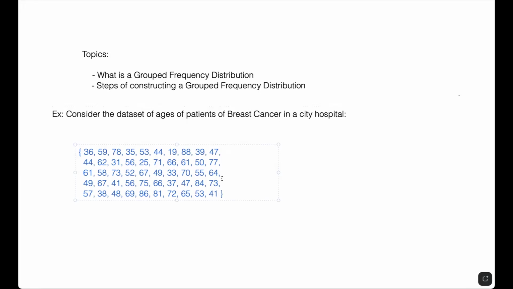Now, what we can do is try organizing this data in a simple frequency distribution. For each unique value, we simply count the frequency and then list them on a table. That's what a simple frequency distribution is. So one way of arranging this data set would be to arrange it in the form of a simple frequency distribution.